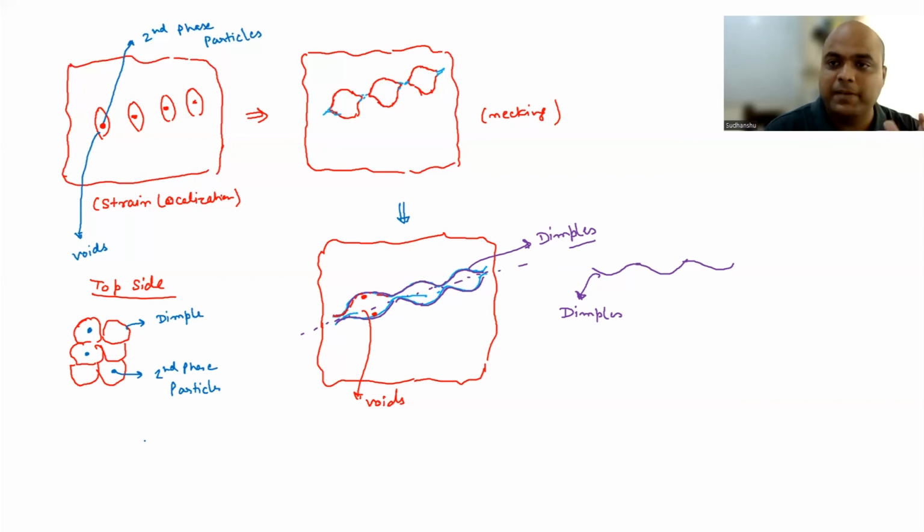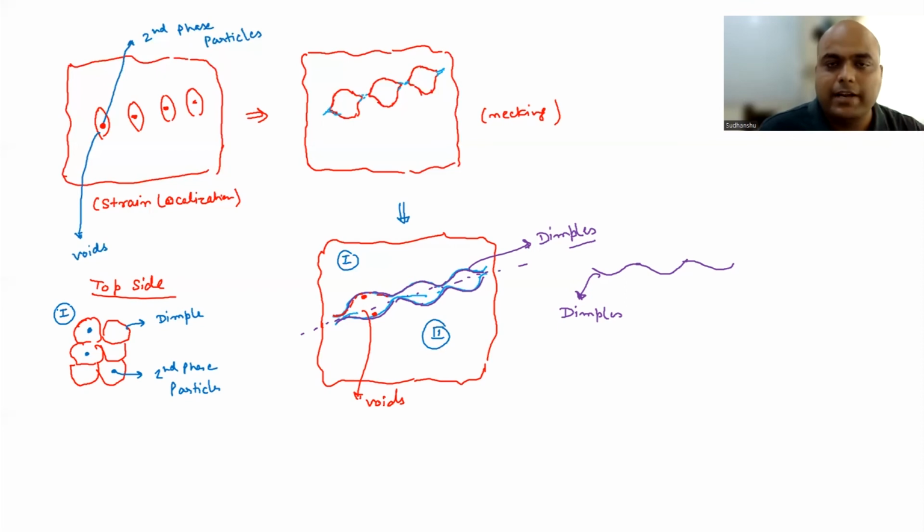Now, in three of the dimples I have not drawn the particles. So let me mark the two sides of the fracture surface as 1 and 2. I am seeing the top view of fracture surface 1 like this. You see the dimple and the void particles there. The three particles which are missing in these three dimples, you will see on the second surface. So you have to see both the surfaces to understand it.